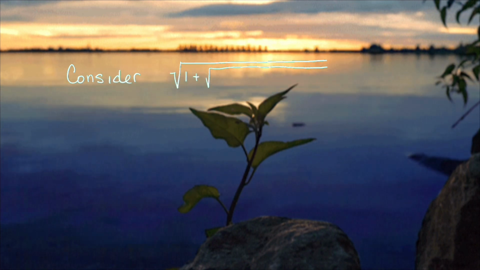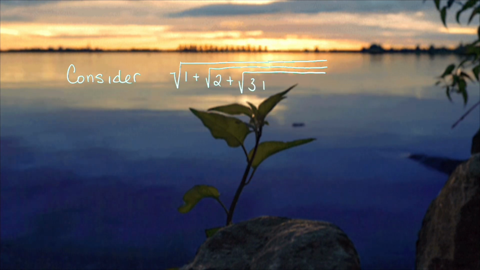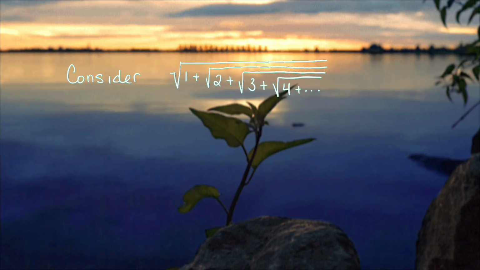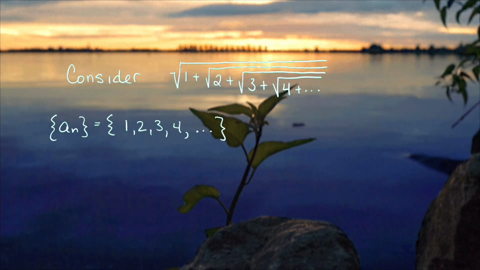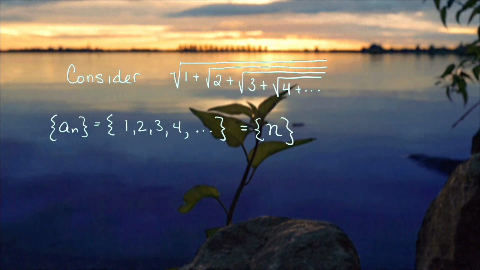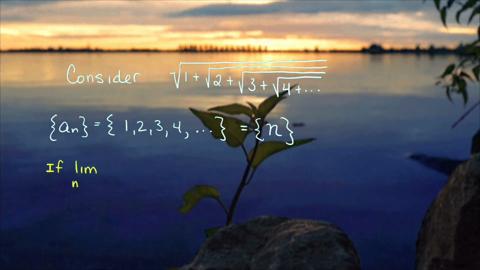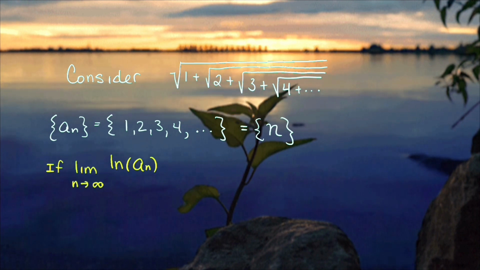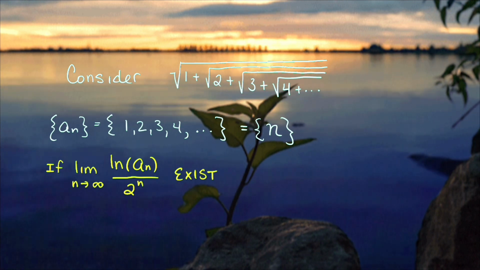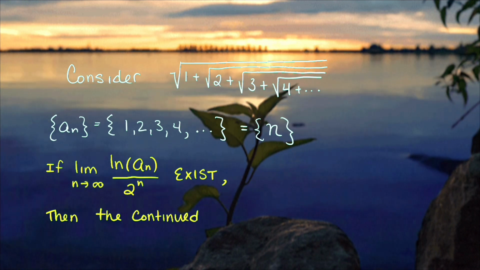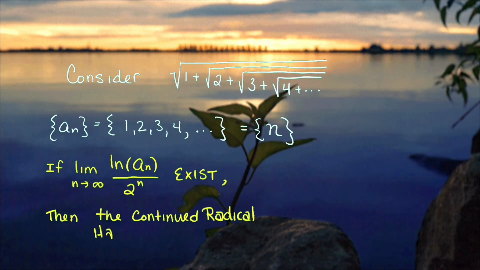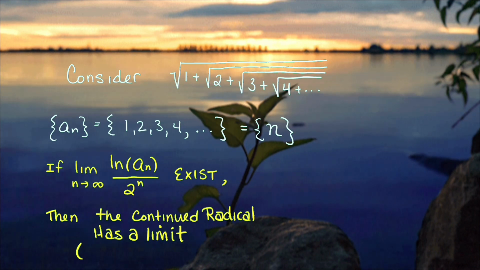Now, recall the square root of 1 plus the square root of 2 plus the square root of 3 plus the square root of 4, etc. example that we saw earlier. The sequence was the natural numbers given by n. If we ask the question whether the limit of the natural log of our sequence over 2 to the n exists, then what we would get is the continued radical would have a limit that can be found.